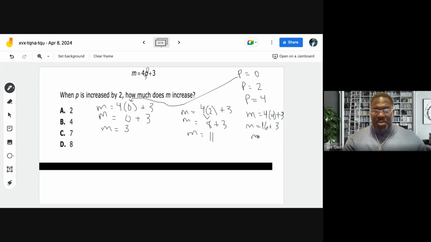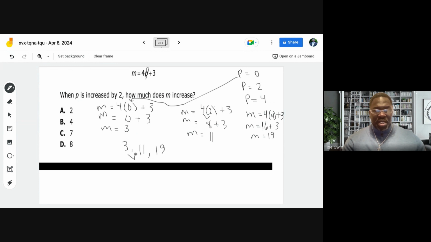So now we're going to look at the pattern and find out what's happening here. As P increased by 2, what happened to M? We had 3, and then 3 went to 11, then 11 went to 19.